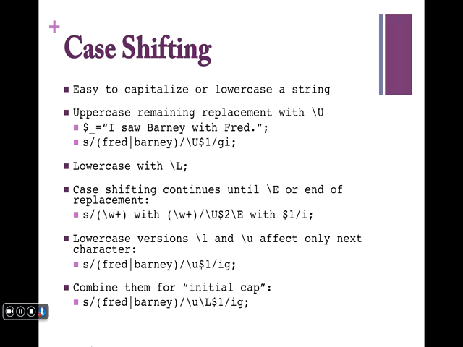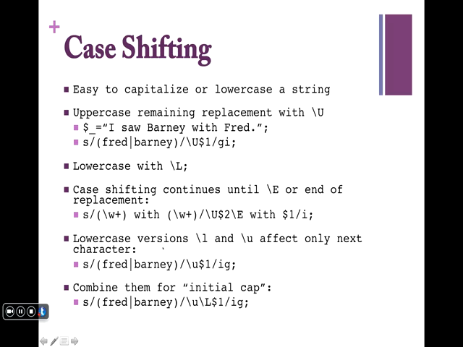So what it does is, since I have the g at the end of the sentence, whenever I see Fred or Barney, I am going first \u. I'm gonna make the first letter capital, F or B capital, then I'm saying whatever is in that memory, make all the rest lowercase. So the rest of Barney, A-R-N-E-Y, will be lowercase. In Fred, R-E-D, the red will be lowercase.